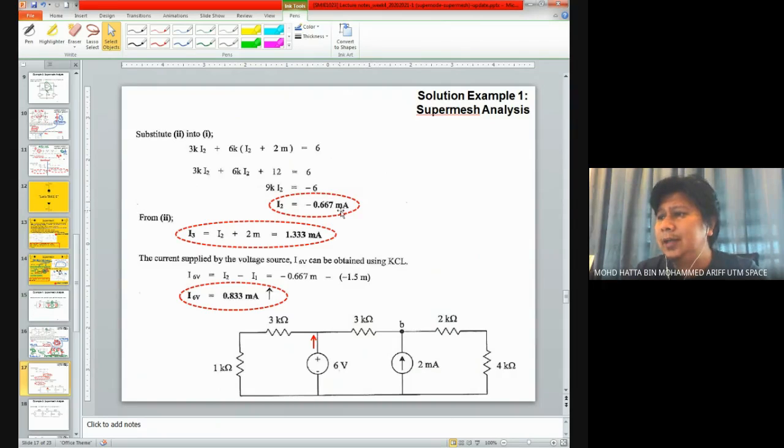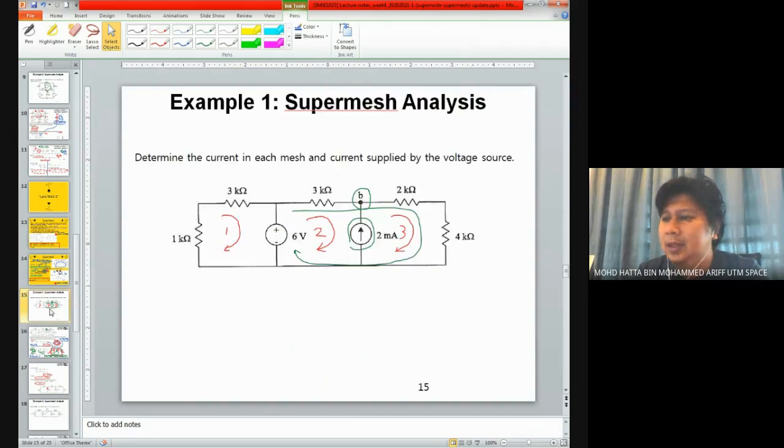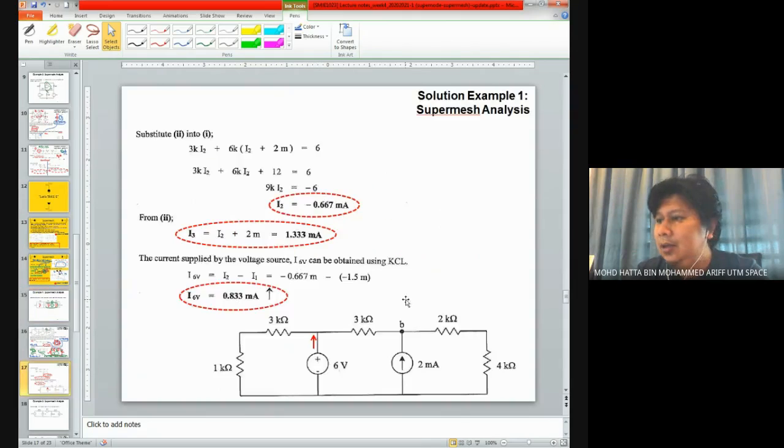Once you get I2 and I3, return back to the question. The question says you need to determine the current in each mesh and the current supplied by the voltage source. There's only one voltage source in the circuit. Current supplied means current coming out from the voltage source.